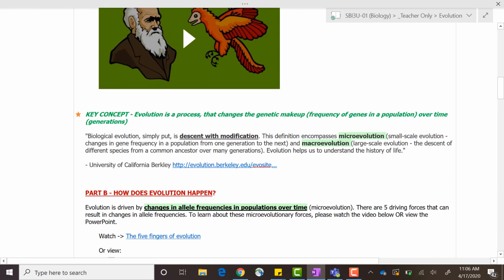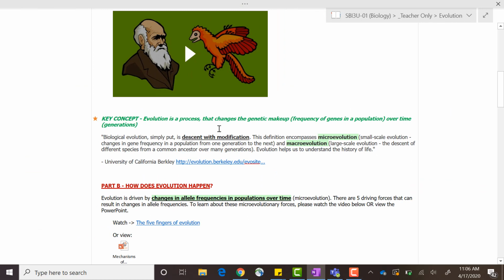I've summarized the main idea for you here: evolution is descent with modification. Descent being in relation to passing on traits, modification being change. So traits changing and being passed on over time. And what we want to start to highlight is the difference between micro and macro evolution. Micro is small, right? So this is small scale evolution.